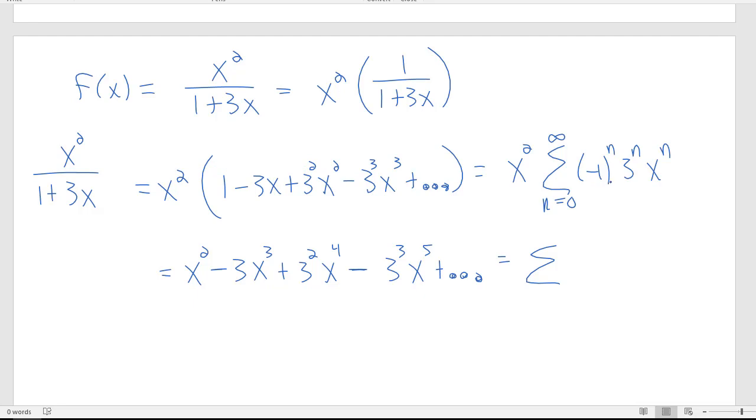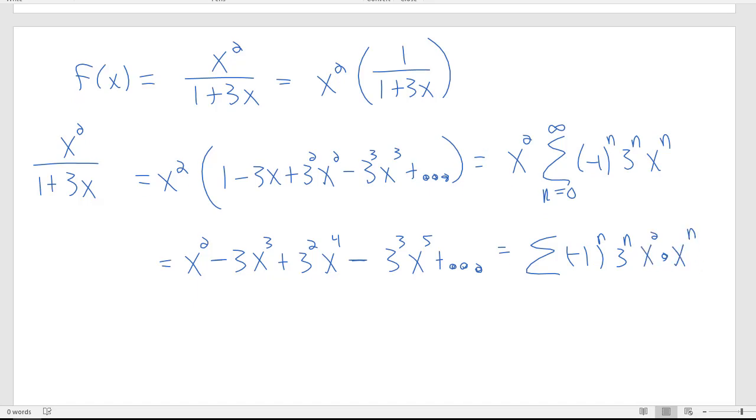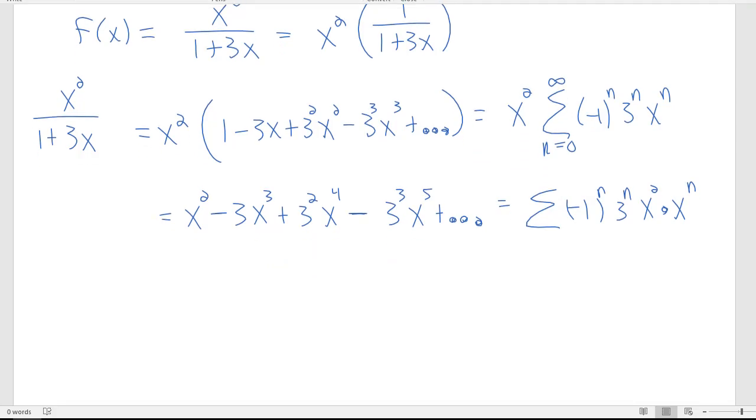So pushing the x squared into the series is completely legal because it's just distribution. So I end up with negative 1 to the n, 3 to the n, x squared times x to the n. And just like we did with our polynomial, when I multiply like bases, I add the exponents. So I have x squared times x to the n, and that becomes x to the n plus 2.